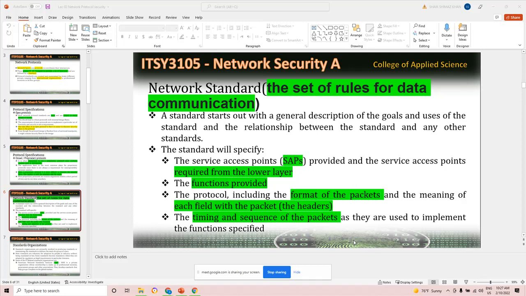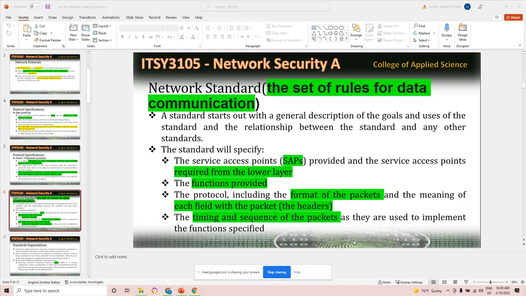Okay. So what will the standard tell? For example, someone is going to develop hardware or software, some network protocol. Then they have to follow the standard. So what guidelines, what kind of instructions does the standard give?